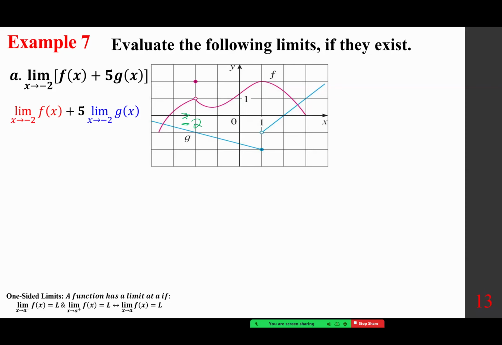If you come from the left, you're going this way along the curve. From the right of -2, you're going this way, and the answer to this one is the y coordinate of this point, which is 1.